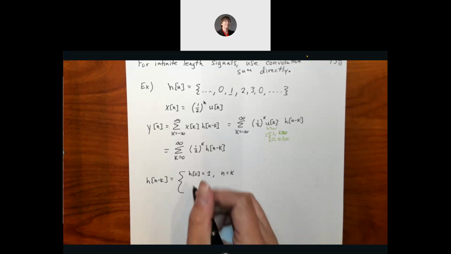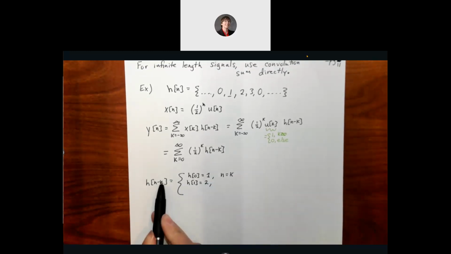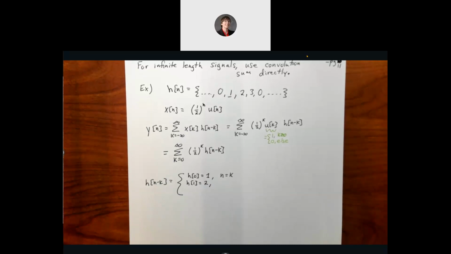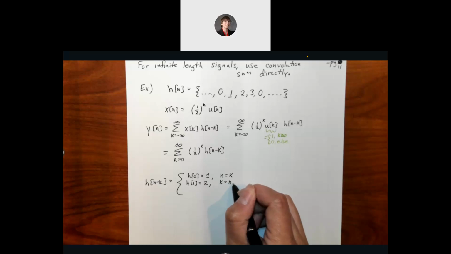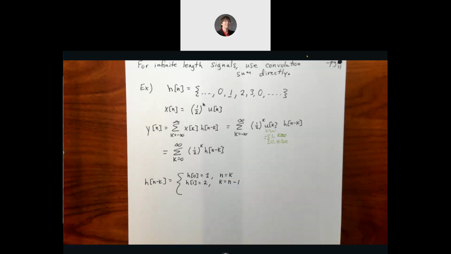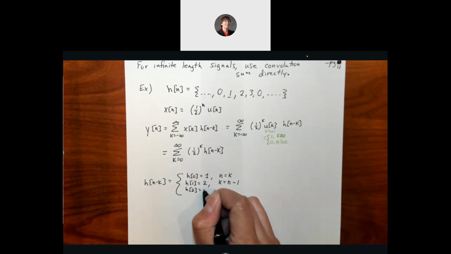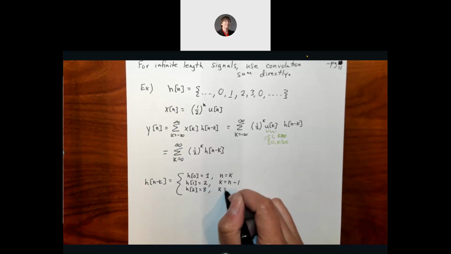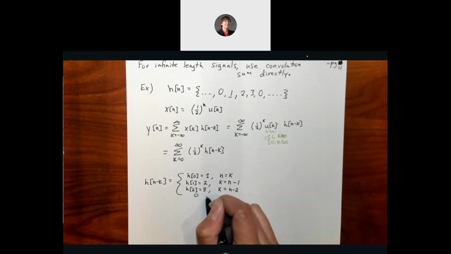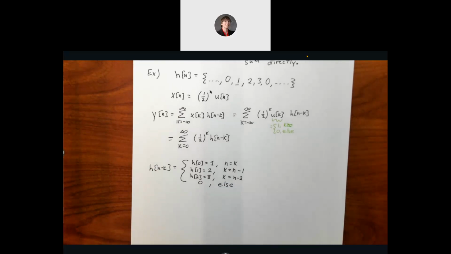That's going to be when n is equal to k. We know that h of 1 is 2. So when is this going to be equal to 1? That's going to be when k is equal to n minus 1. And the other non-zero term is when we have h of 2. So when is that going to be 2? When k equals n minus 2.